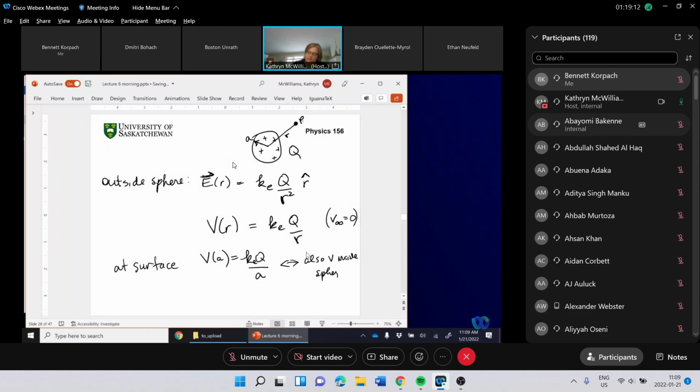So we come right up to the surface and we get this potential V_A, and that's the value everywhere inside the sphere, because the electric field inside is 0, so the voltage becomes constant inside, and it's whatever it is at the surface.